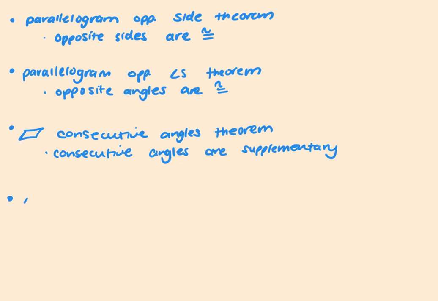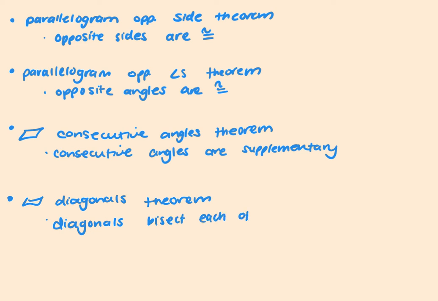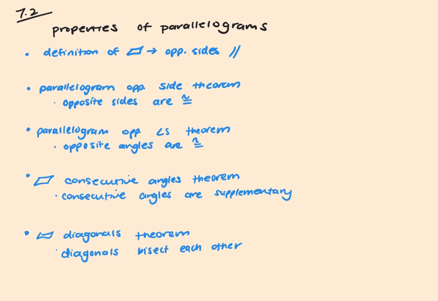And we had the parallelogram diagonals theorem, which said diagonals bisect each other. Again, 5 total things. The first one is the definition, then the theorems. 5 properties.